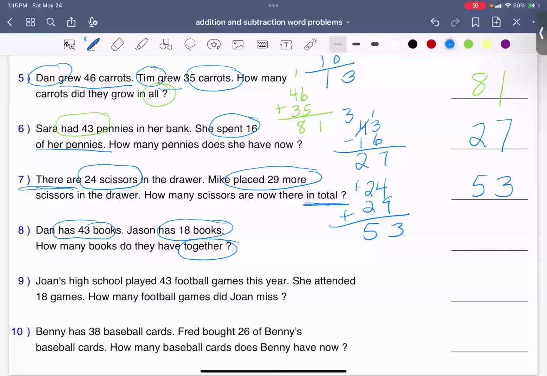So we have to add 43 plus 18 gives us 61. So Dan and Jason have 61 books together. You do number 9.